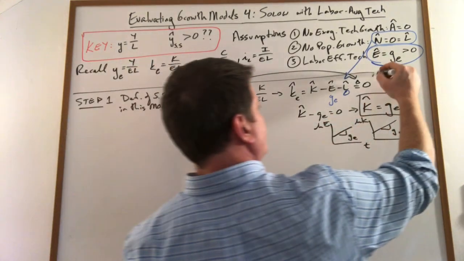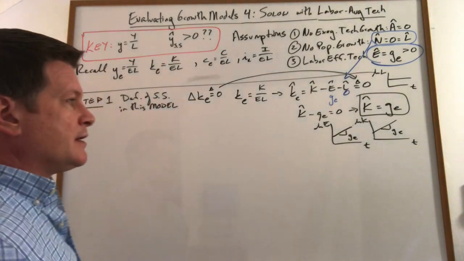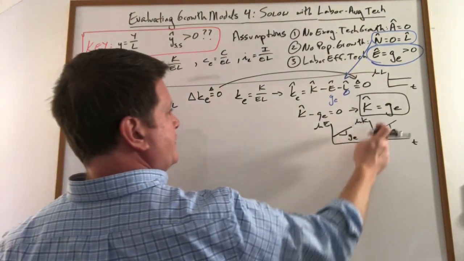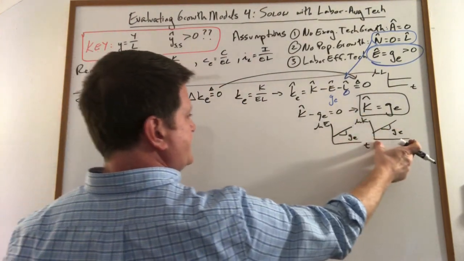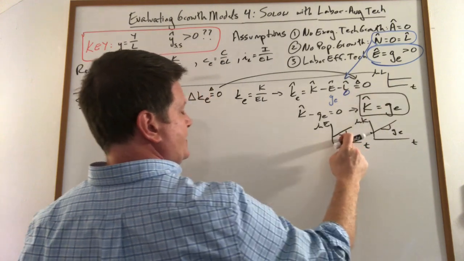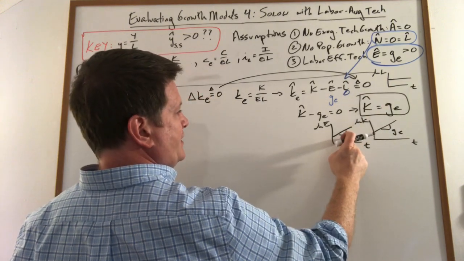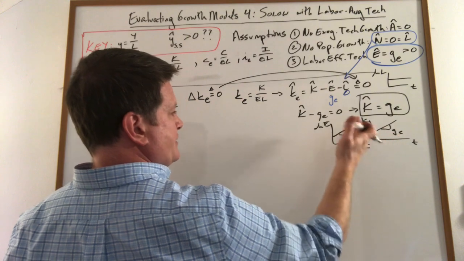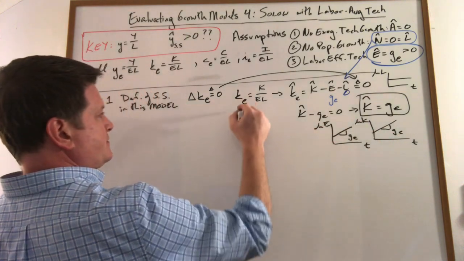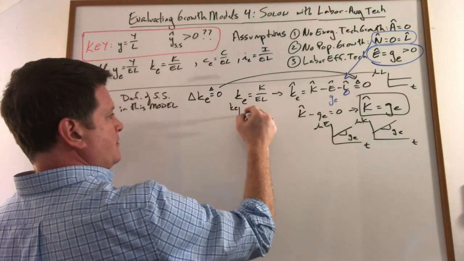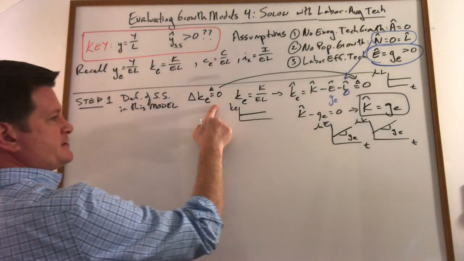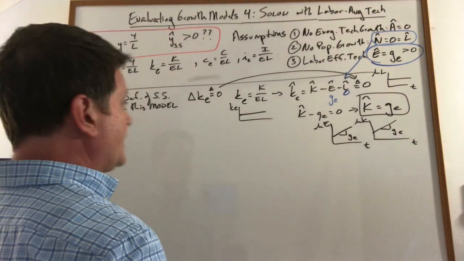All of those together mean this divided by that and that. Because this one's growing, those two divided by each other are going to mean this is constant, which is why its steady state growth rate is 0.